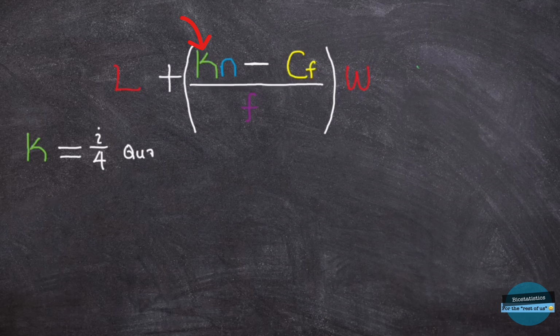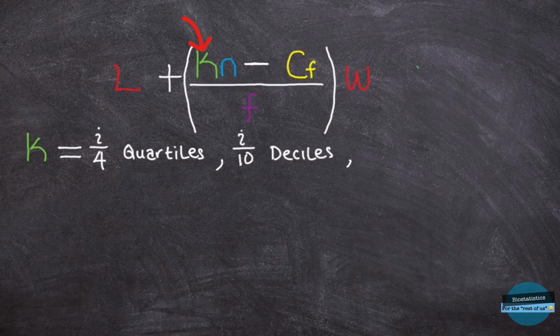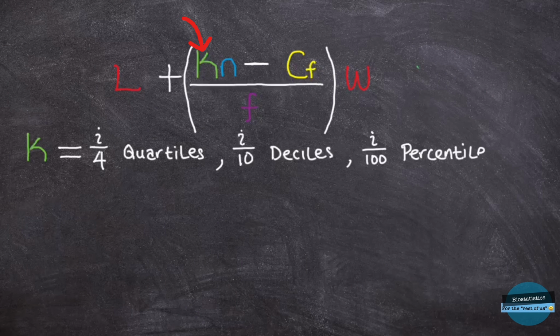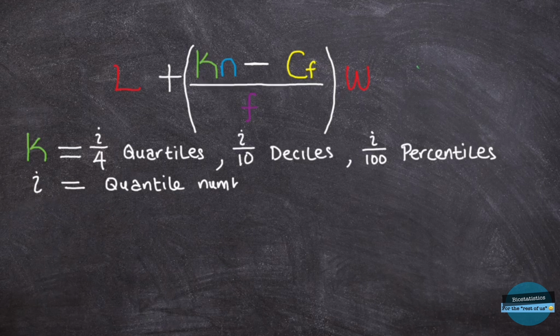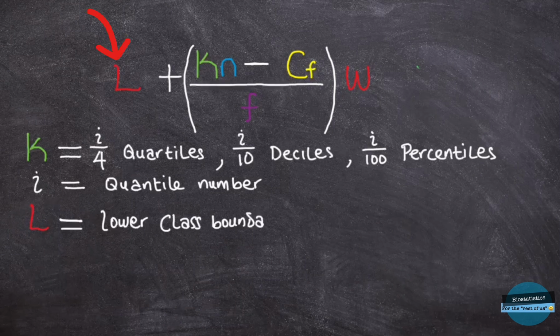In this formula, depending on the quantile you want to compute, K is equal to i divided by 4 if you're computing quartiles. K is i divided by 10 for deciles. And for percentiles, K is i divided by 100. i here is the quantile number, while L is the lower boundary of the quantile class. So either it's the quartile or the decile or the percentile class.